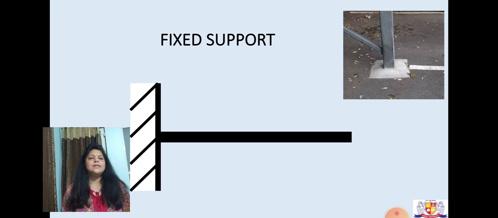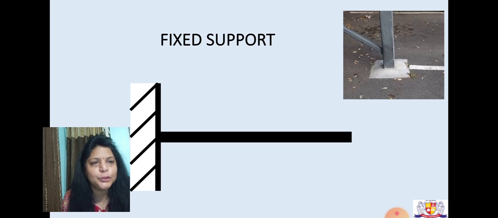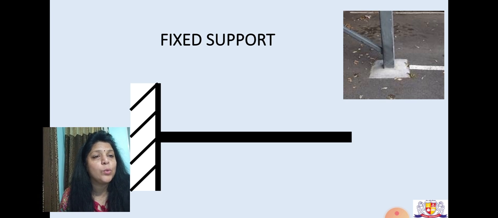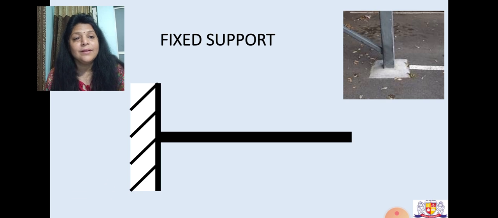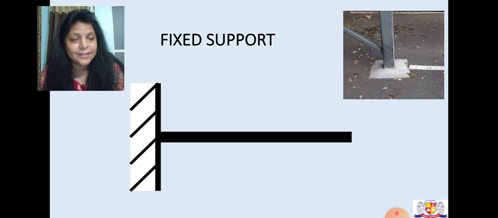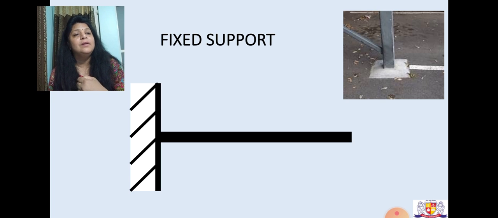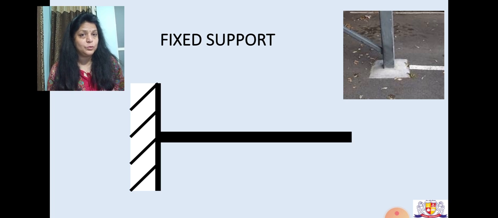And this is a fixed support. Okay. What does the diagram show? One end is fixed, another end is free. If you can see the diagram in a square box, it is a particular pole which is fixed in the ground. Now if I want to move that pole in the horizontal direction, it will not move.